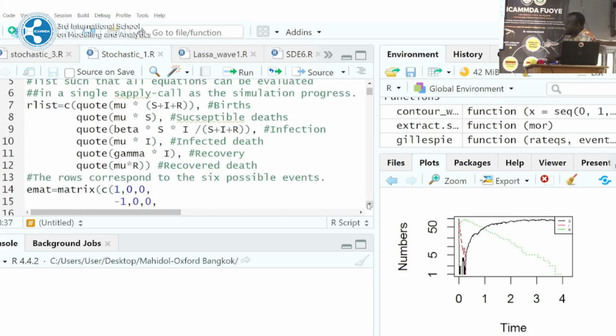It contains the births, mu, S plus I plus R. And then we have the mu S, which is susceptible deaths. And then we have the beta SI over N, the mu I, the gamma I, and the mu R. So all of these are the events. In the model, we have about 6. So I'm going to run that.